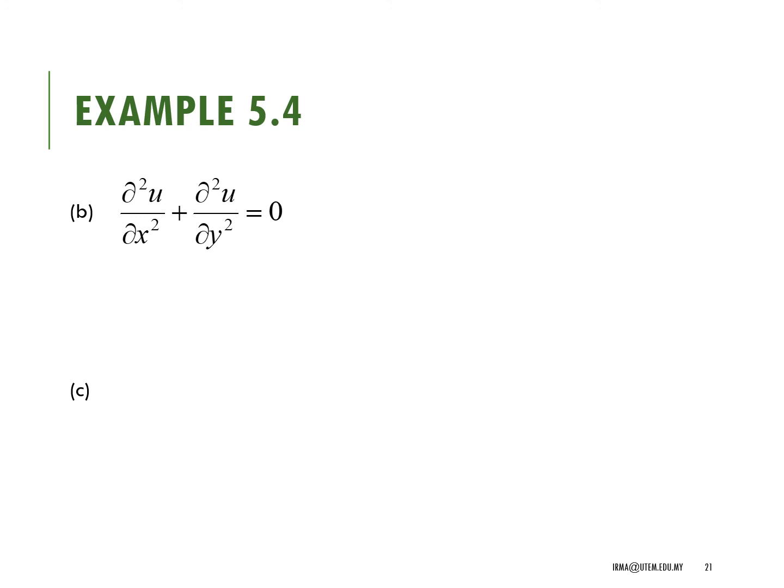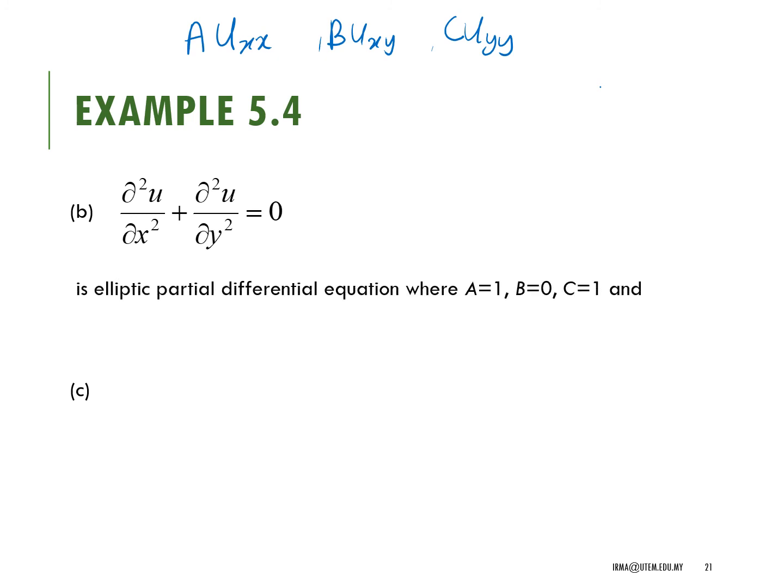Next we have ∂²u/∂x² + ∂²u/∂y² = 0. Again, refer to the coefficients: for uxx the coefficient is A, for uxy it is B, and for uyy it is C. So here A equals 1, B equals 0, and C equals 1.